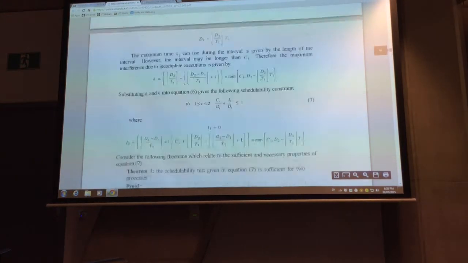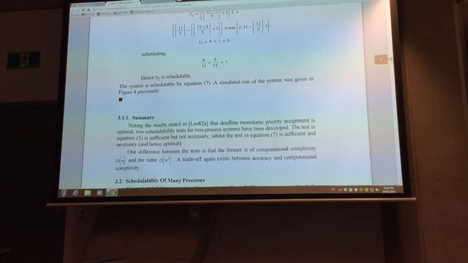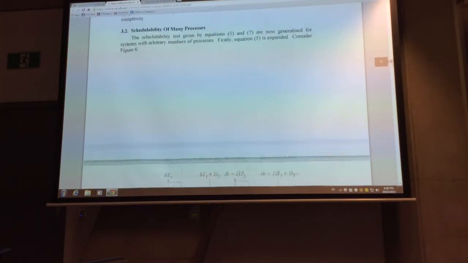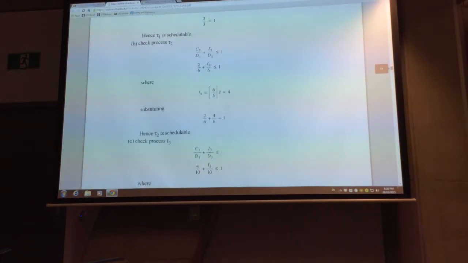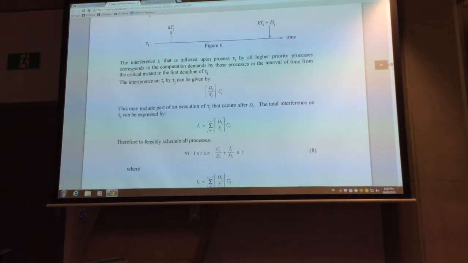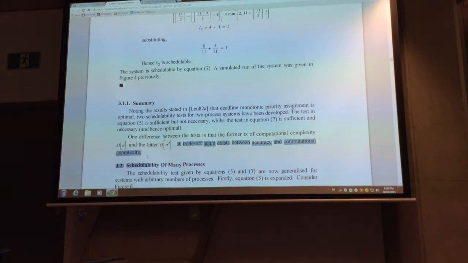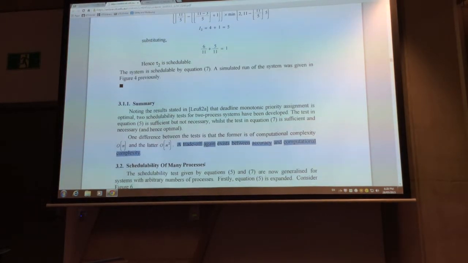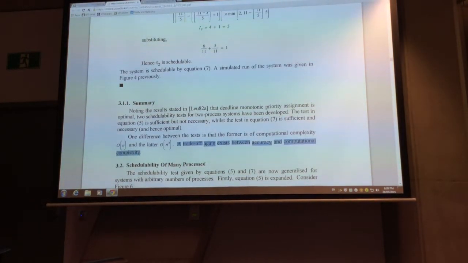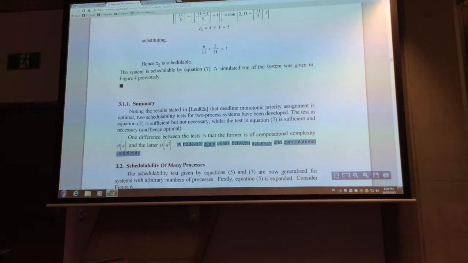Order n in computational complexity, but the more complicated version is order n squared. And that is probably something that we would have suspected. A trade-off exists between accuracy and computation complexity. Yes, just as we know. That's how the universe works.